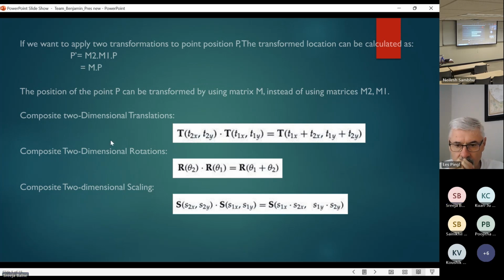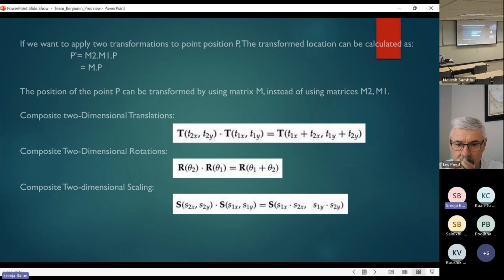So for a two-dimensional plane, for translation, the equation would be in this form. The final coordinates for the translated plane would be, with respect to the x coordinates, t1 plus t2, where t1 and t2 are the two different translations that we have made for a particular plane. And for the y-axis, it would be t1 plus t2 with respect to the two operations that we did.